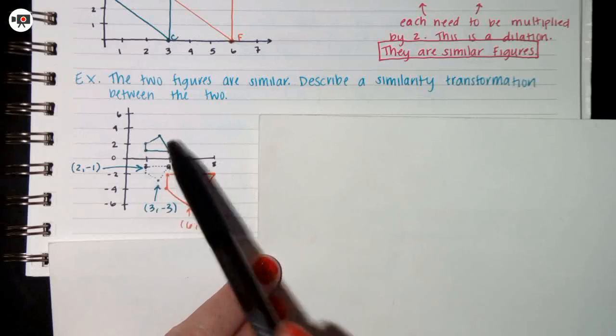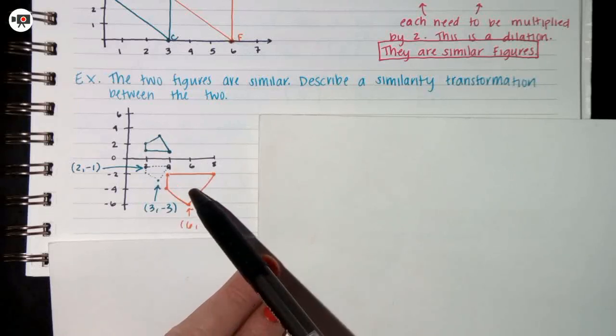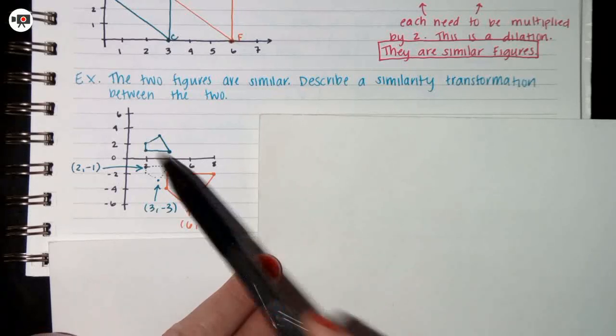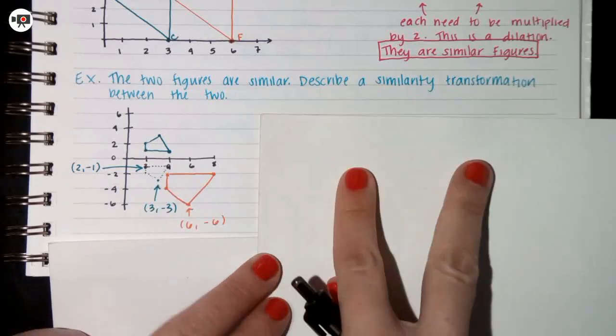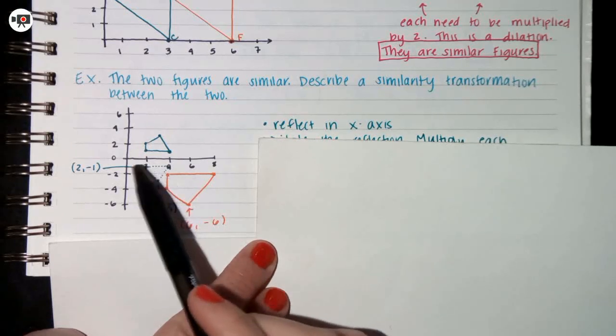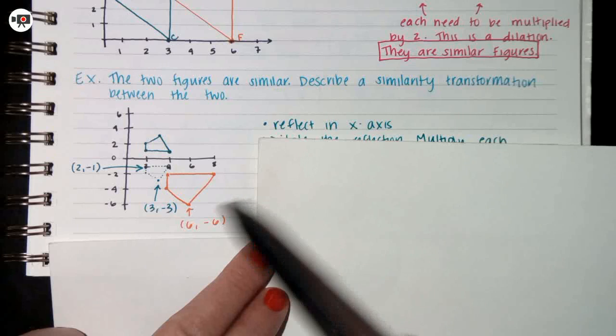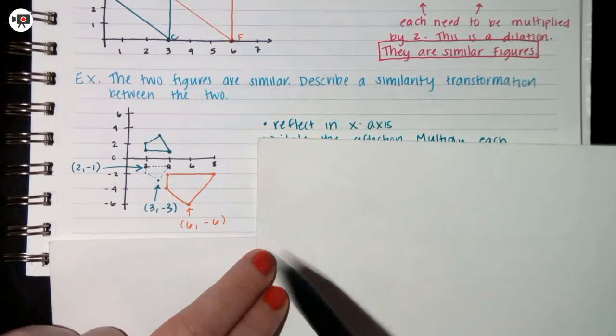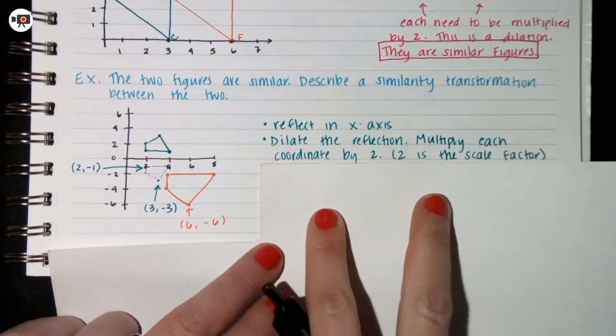I'm going to start here and move to the orange. So it looks like it's upside down and the orange is larger. So if I reflect it in the x-axis, I will end with this dotted figure with a couple coordinates pointed out, and then I need to make them into the coordinates that are given here.